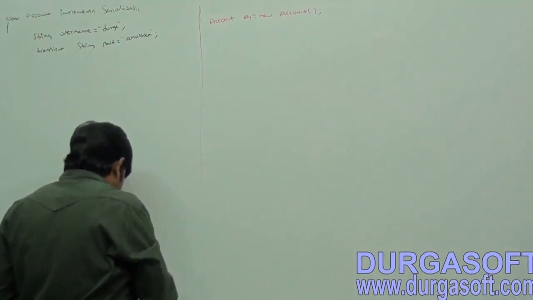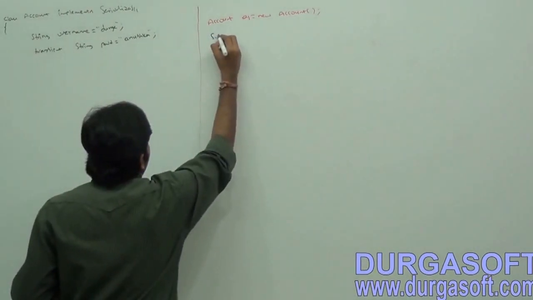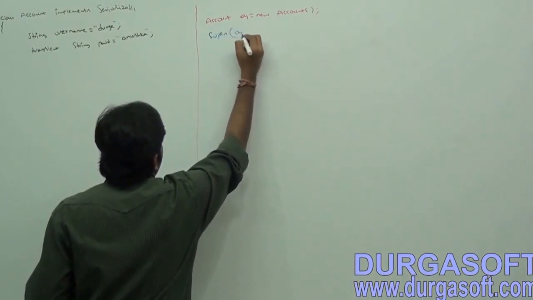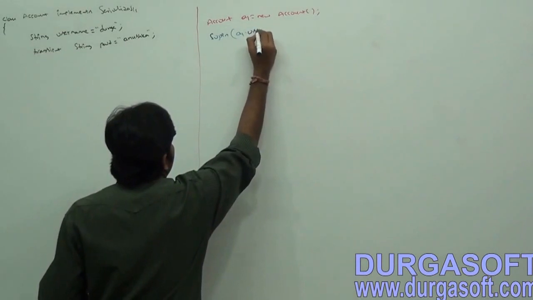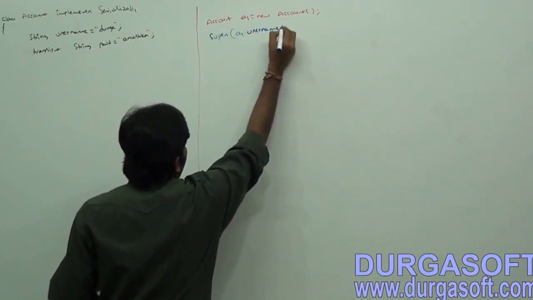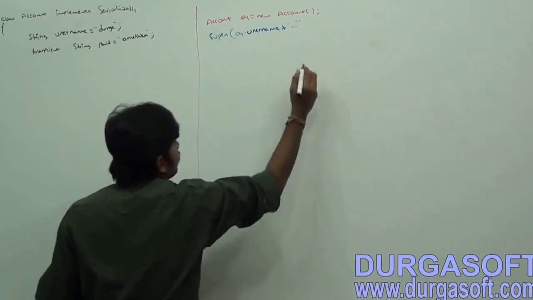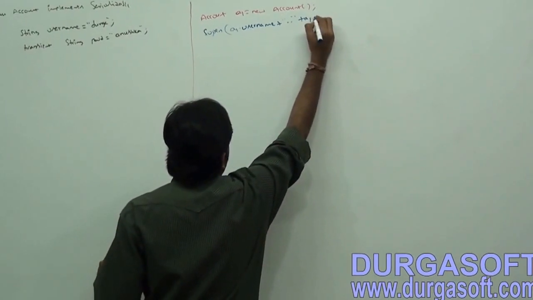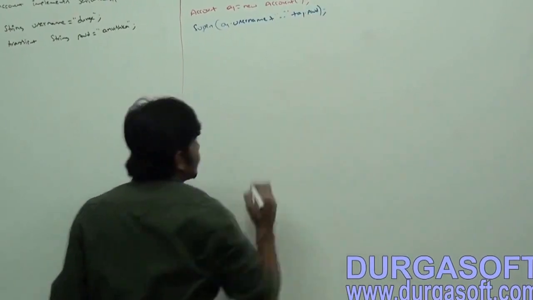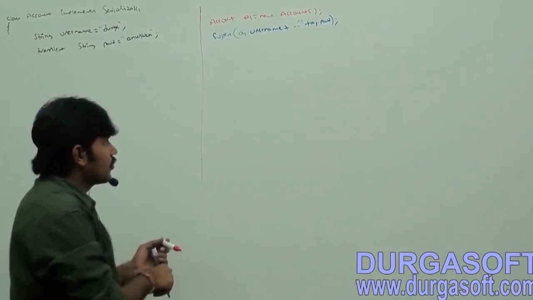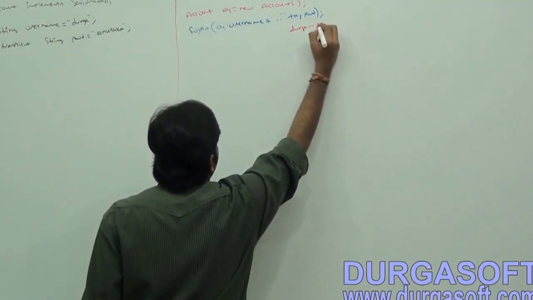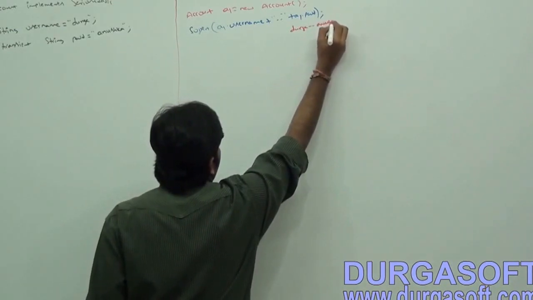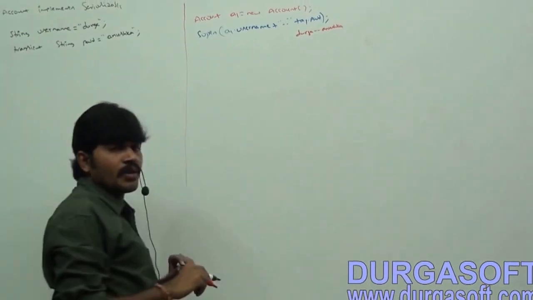Can you tell what System.out.println of a1.username and a1.password prints? a1.username is Durga, and the password is Anushka. At the beginning, Durga followed by Anushka, proper values only.